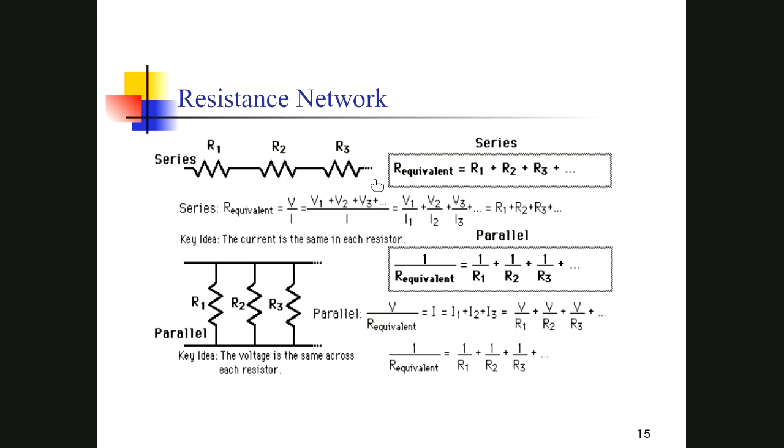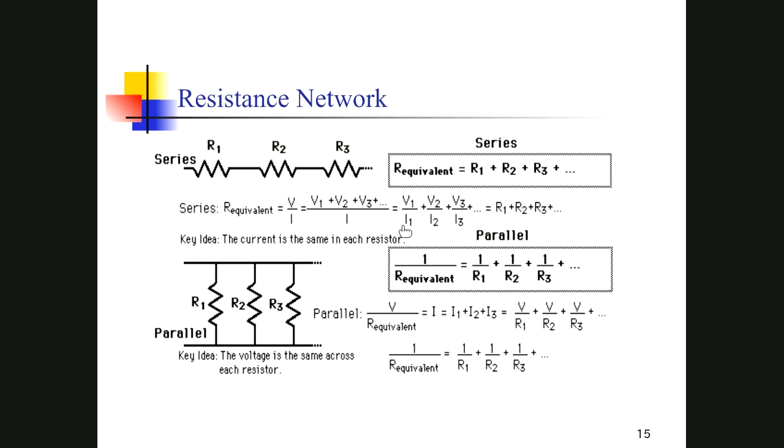So the total resistance is the total voltage over the total current, and the total voltage is shared by each of the resistances. Each resistance has a voltage drop, which by Ohm's law is the current times that resistance. So R1 gets a voltage V1, R2 gets voltage V2, and so on.